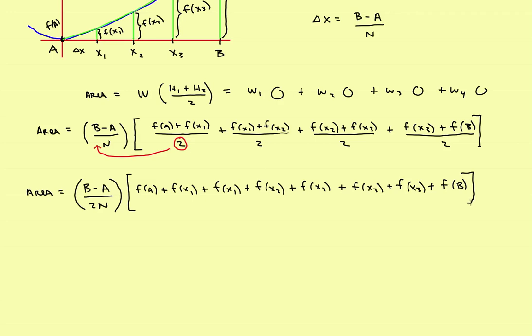So when you factor out the 2, this is what's left over. Now look at what's left inside this thing.